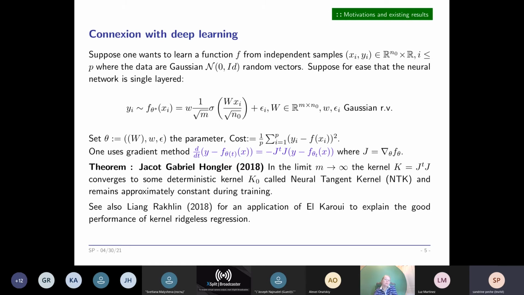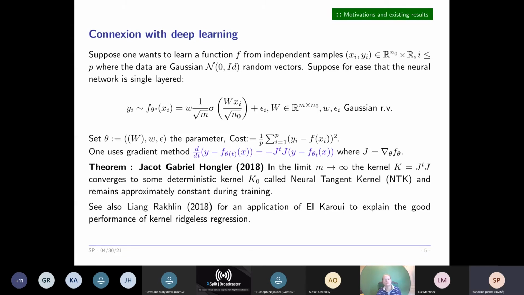When one performs a gradient descent using these parameters, the differential equation on theta is not nice. But, and this is the great idea, it gives a linear differential equation if one considers the difference y minus f theta of t of x.